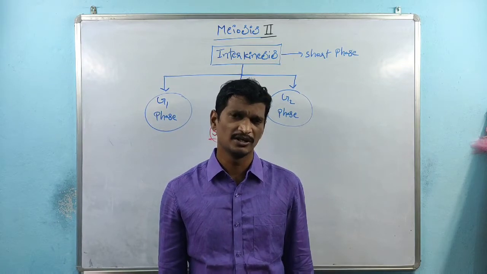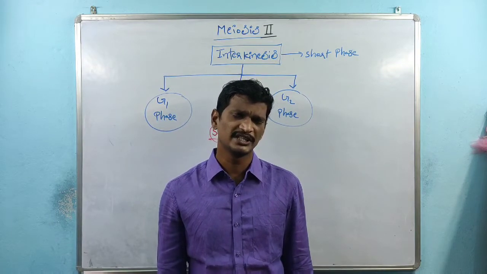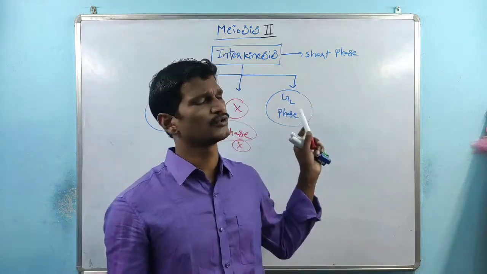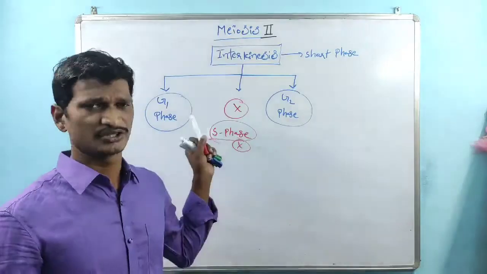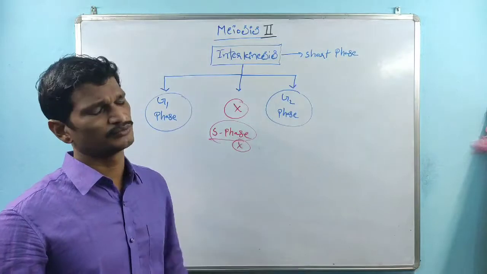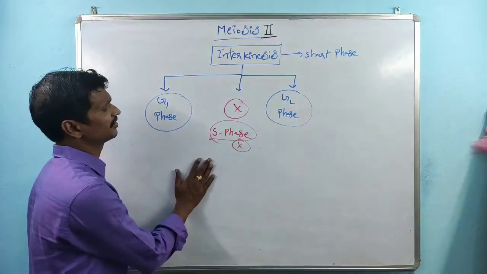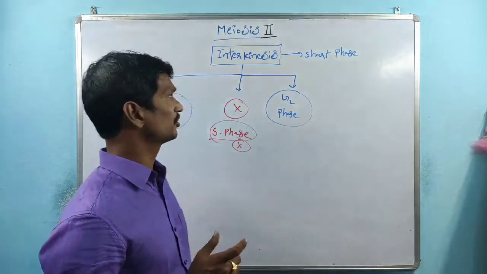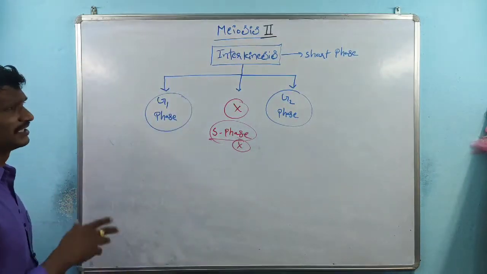But after meiosis 1, within interkinesis, DNA synthesis is absent. That's why it is called interkinesis and not interphase 2, because DNA replication does not take place. And remember, this is a very short phase. That is about interkinesis.